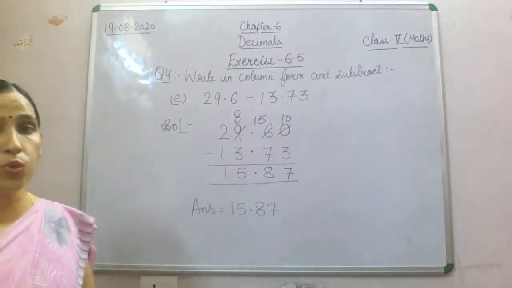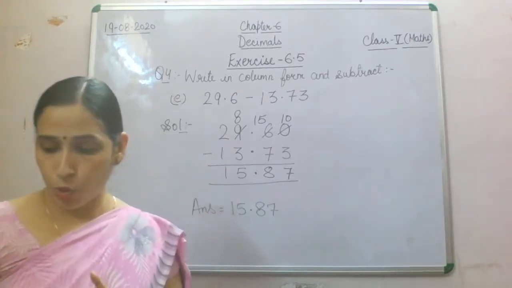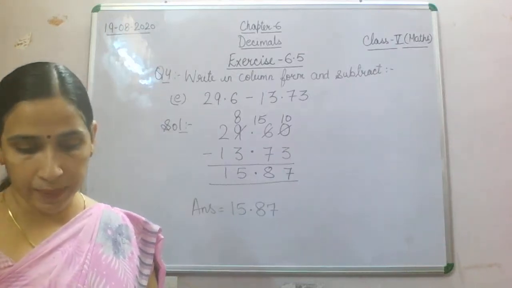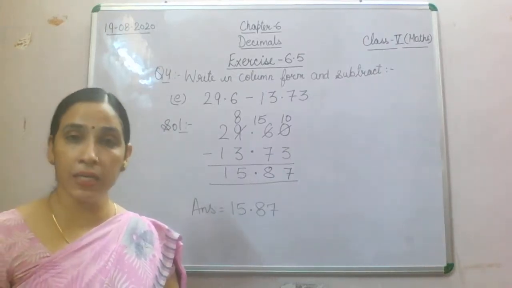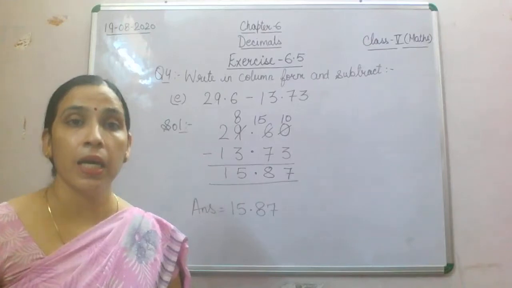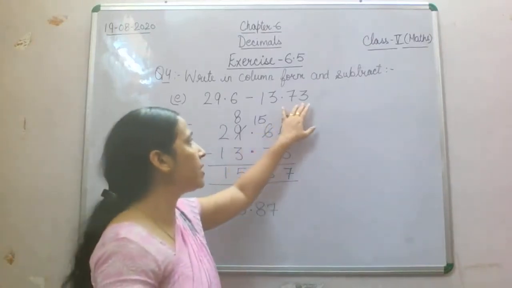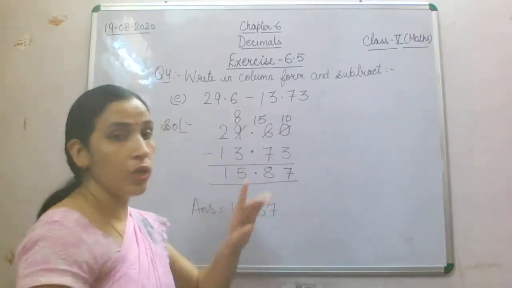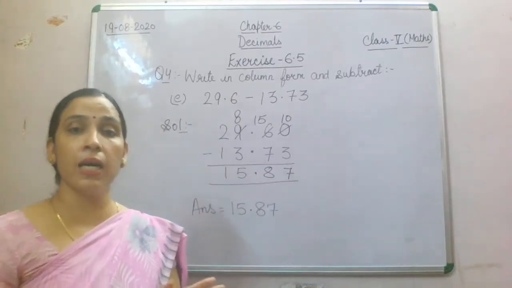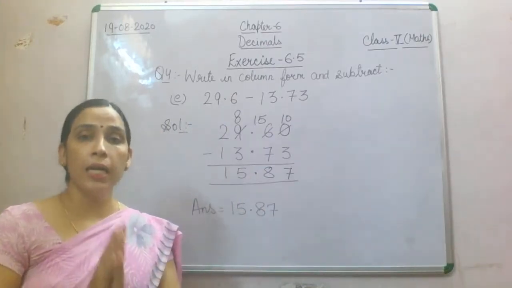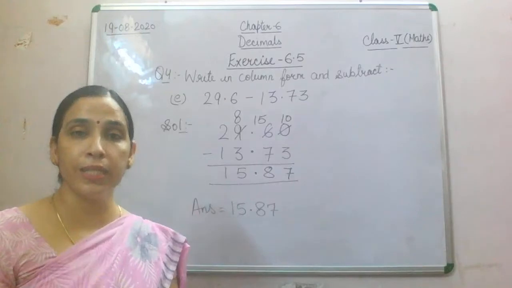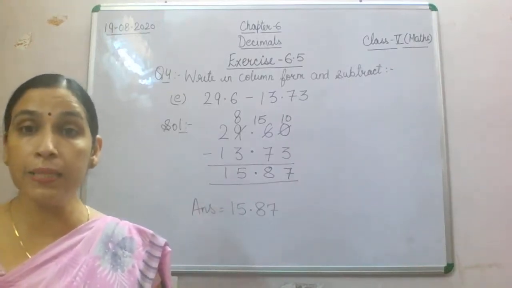So let's see this question once again. What is given to you? You have been given 29.6 minus 13.73. Now the other number has 2 decimal places. Here we have only 1 decimal place. It means they are unlike decimals. So unlike decimals are supposed to be changed into like decimals. What are like decimals?